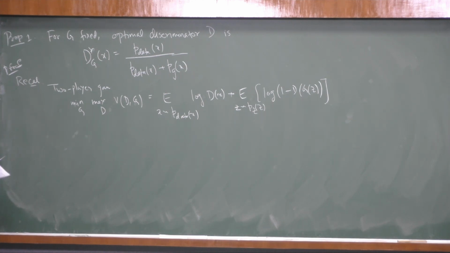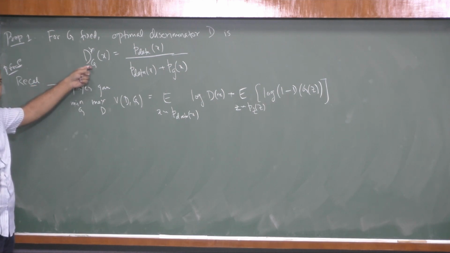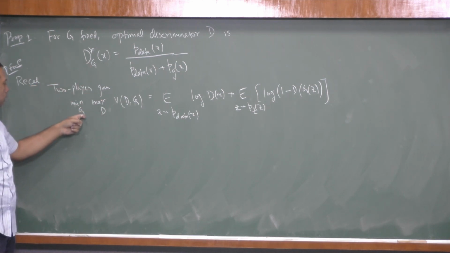For a given G, if I'm looking for the optimal discriminator, then I want to maximize.